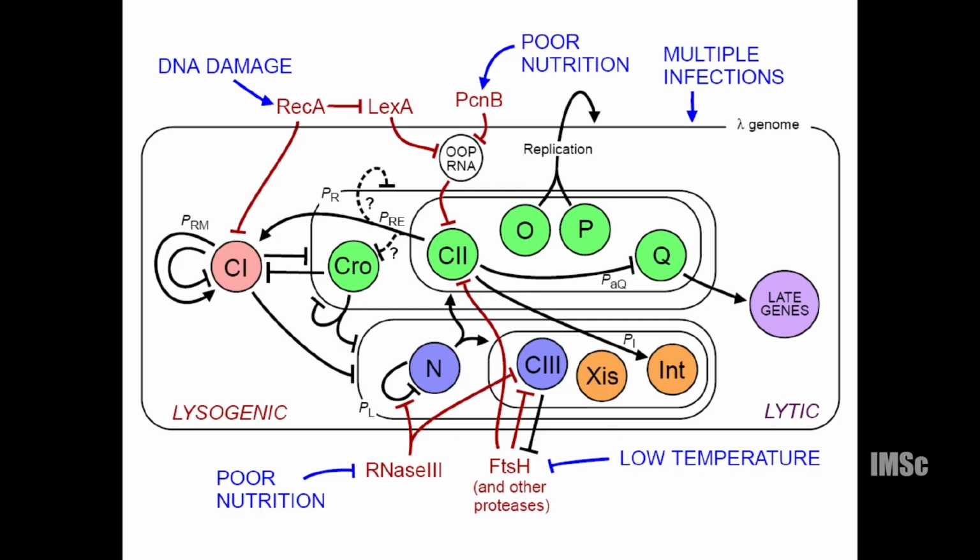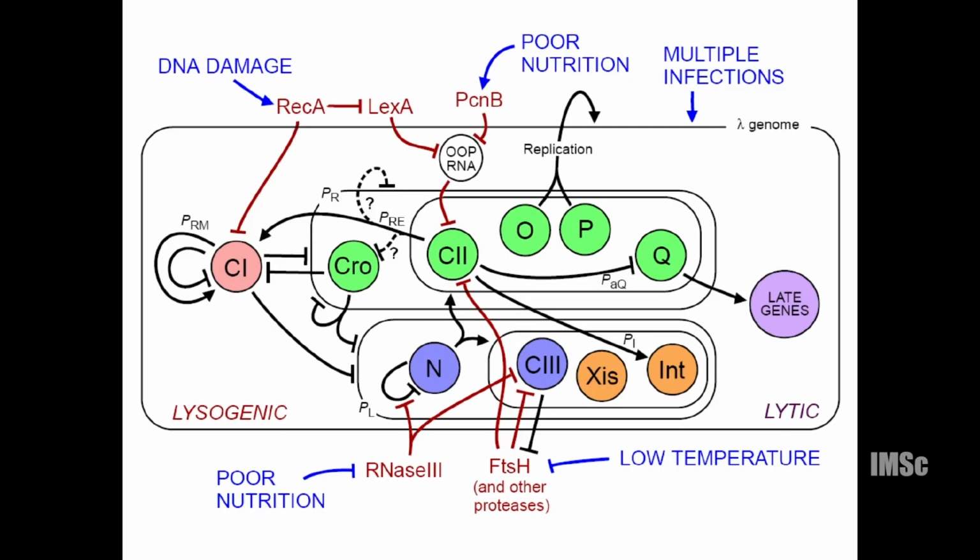There is a repression of CRO by C1 and a repression of C1 by CRO, but as you can see, there's a lot of stuff going on within the viral genome. But there are also these red things, by the way, to answer your question, bacterial proteins that also affect the viral thing. So it's a back and forth. The virus is using the bacterial machinery, but the bacteria also affects which parts of the virus genome are expressed and so on.